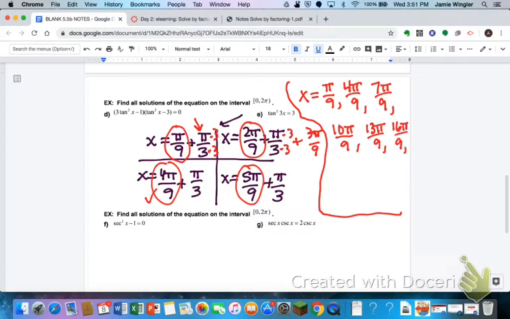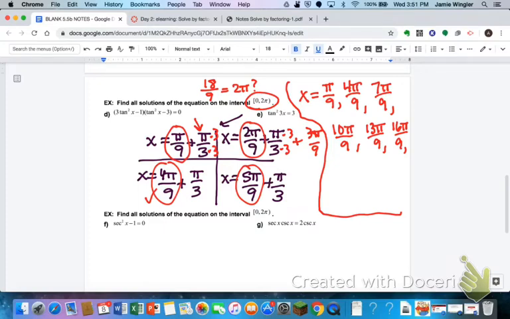And now I got to stop and ask myself, just how far do I go? Well, the answer is this. You can only go to 2 pi. So you have to ask yourself, how many ninths is equal to 2 pi? In this case, it is 18. So your numerator cannot go over 18.